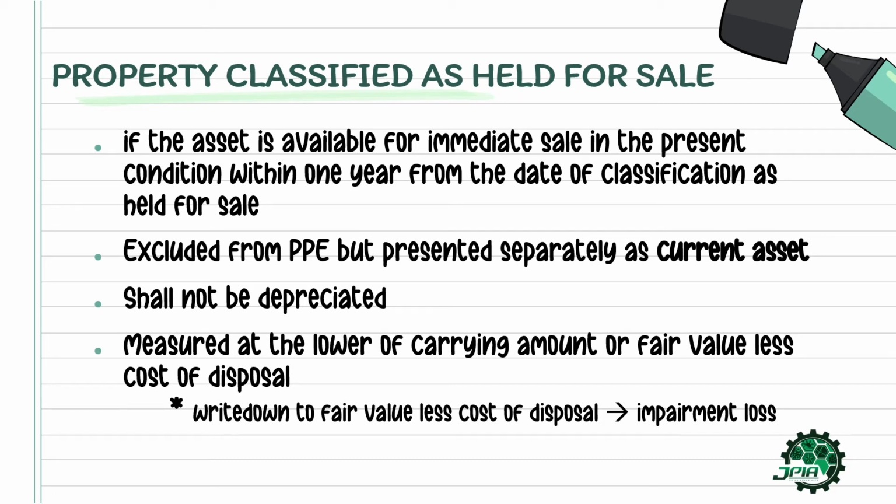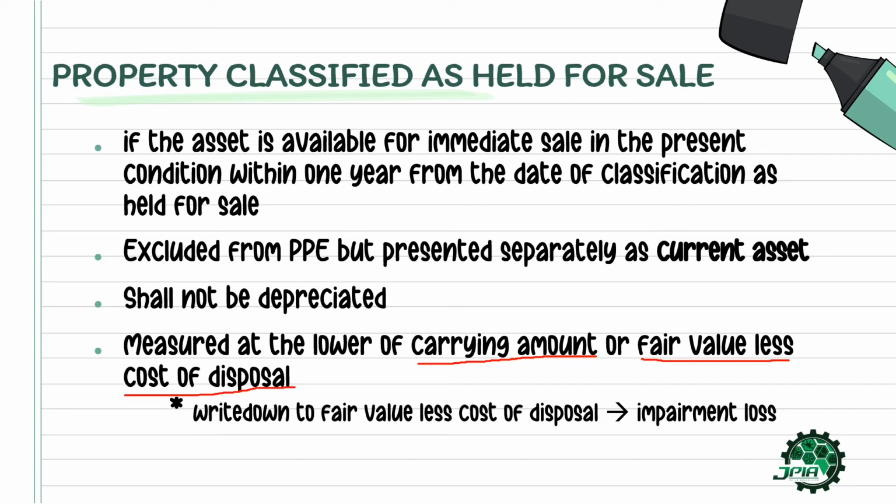Okay? These kinds of assets shall not be depreciated kasi ipagbebenta nyo na ito. And it is measured initially at the lower of carrying amount or fair value less cost of disposal, or cost to sell.